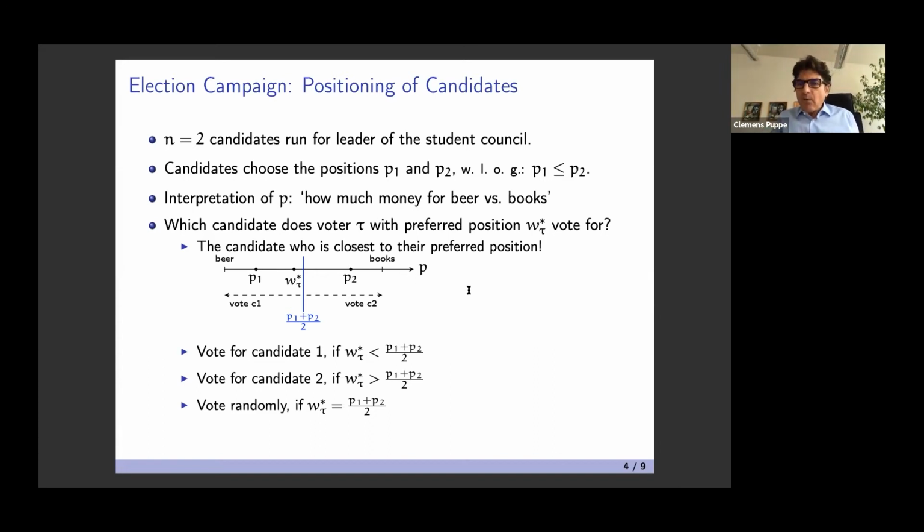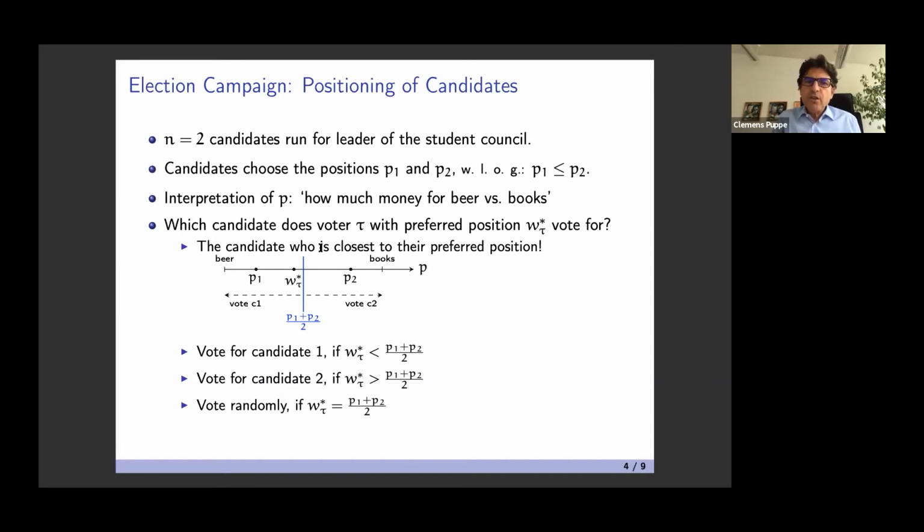Now let's analyze this. Which candidate does an arbitrary voter tau with preferred position W star tau vote for? Well, of course, we said already, the candidate who is closest to the preferred position. So suppose that here is P1 and here is P2.